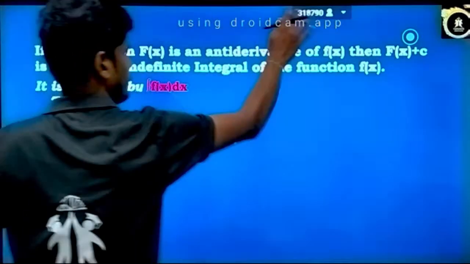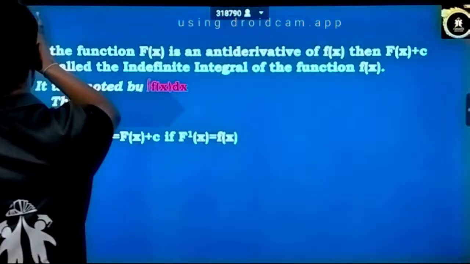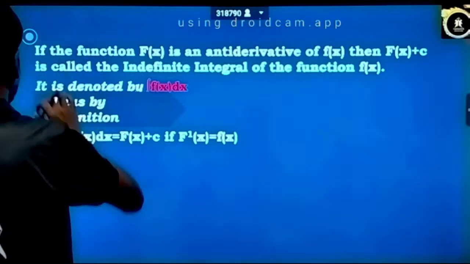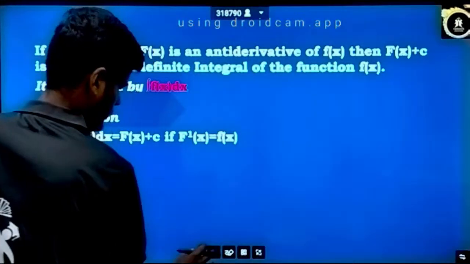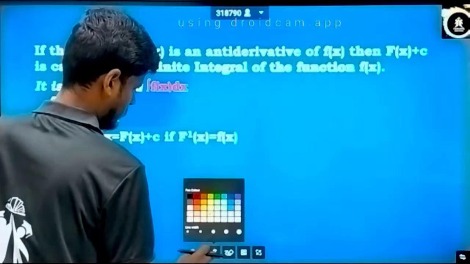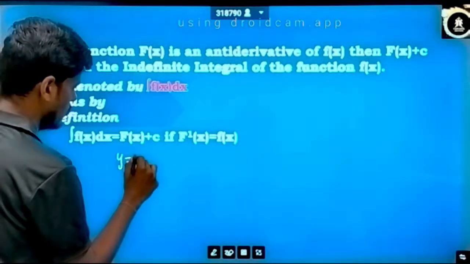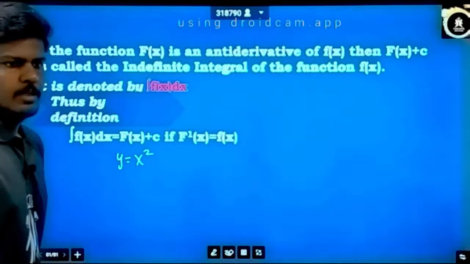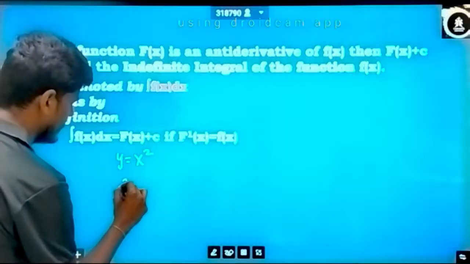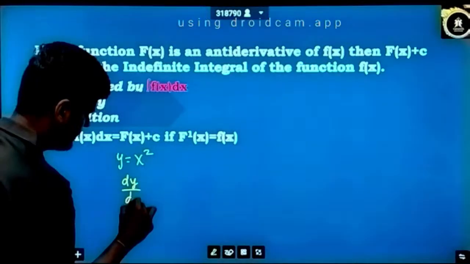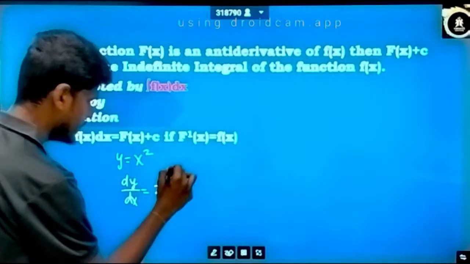Suppose we have y equal to x square. Now what we need to do is find the derivative of this. The derivative is dy by dx, that is equal to 2x.